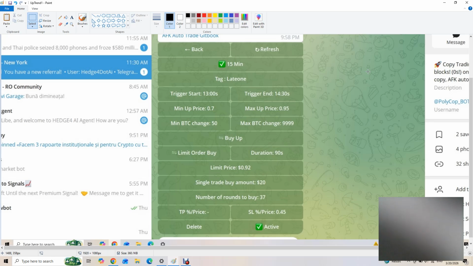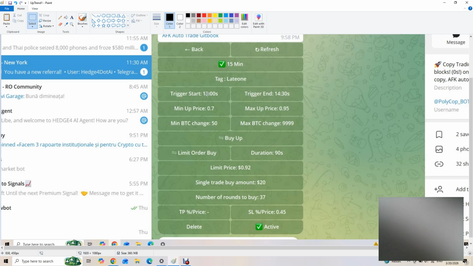And remember one thing, set it up like this. Follow these instructions. They will prompt you to these. Okay, so the bot, you set it up for 15 minutes. So click on these 15 minutes, then give it a name, and this is the uptrend. You can name it up or uptrend or going up or whatever. Then remember, go in here and set it up for 13 minutes.